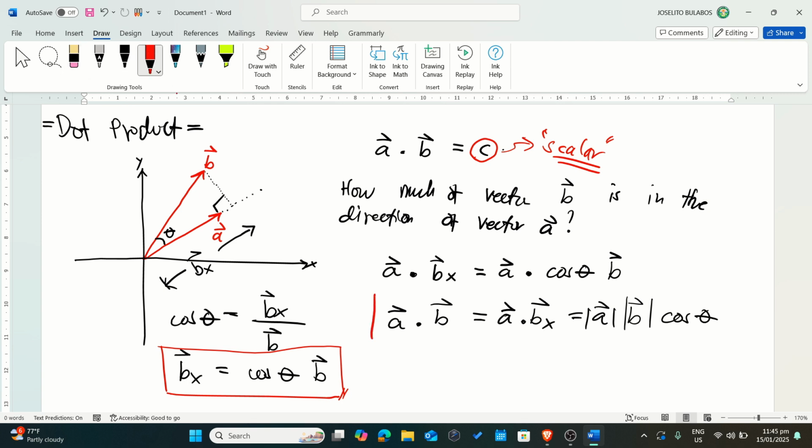This will be our equation in finding the dot product.